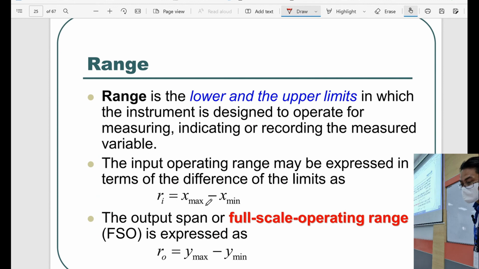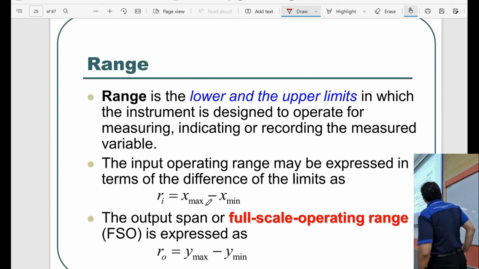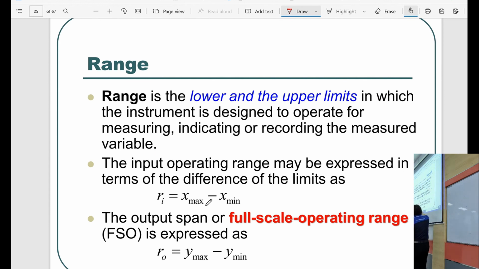We have two kinds of range. Full scale operating range: look at the y, y max and y min, on the y axis. We have the y axis and the x axis.